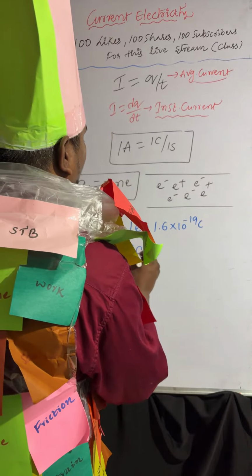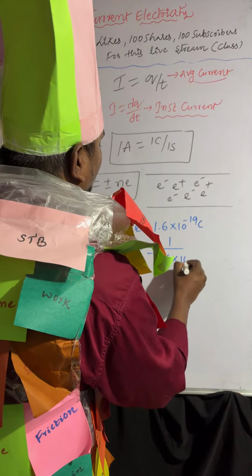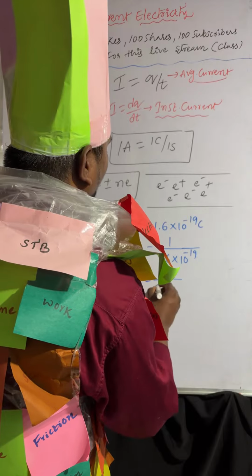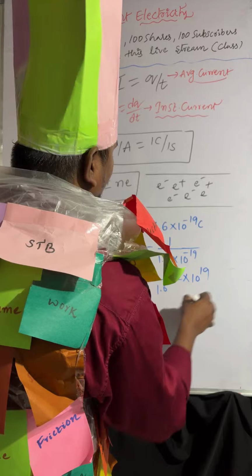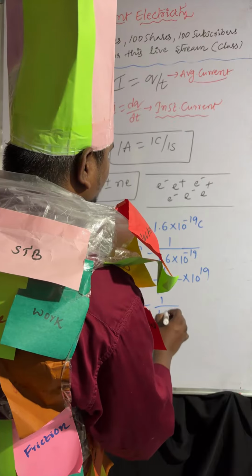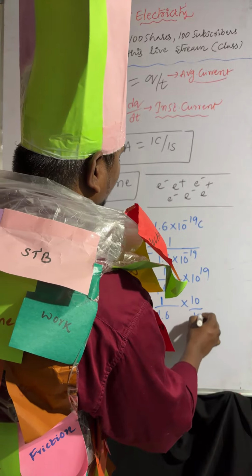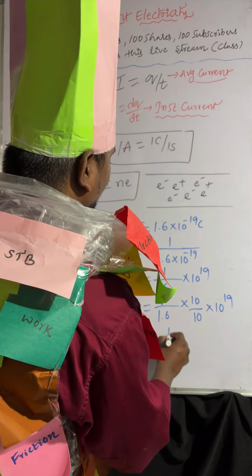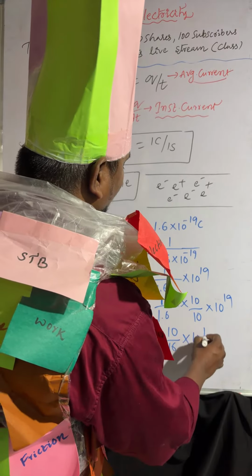In 1 coulomb, the number of electrons is 1 by 1.6 into 10 power minus 19, that is 1 by 1.6 into 10 power 19. Multiplying by 10 by 10, you get 10 by 16 into 10 power 19.